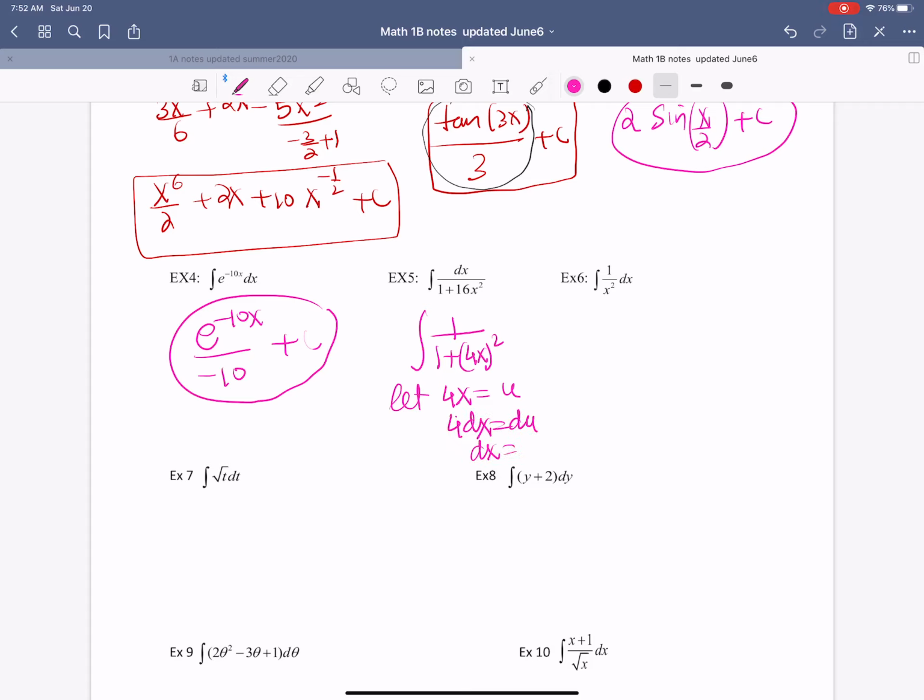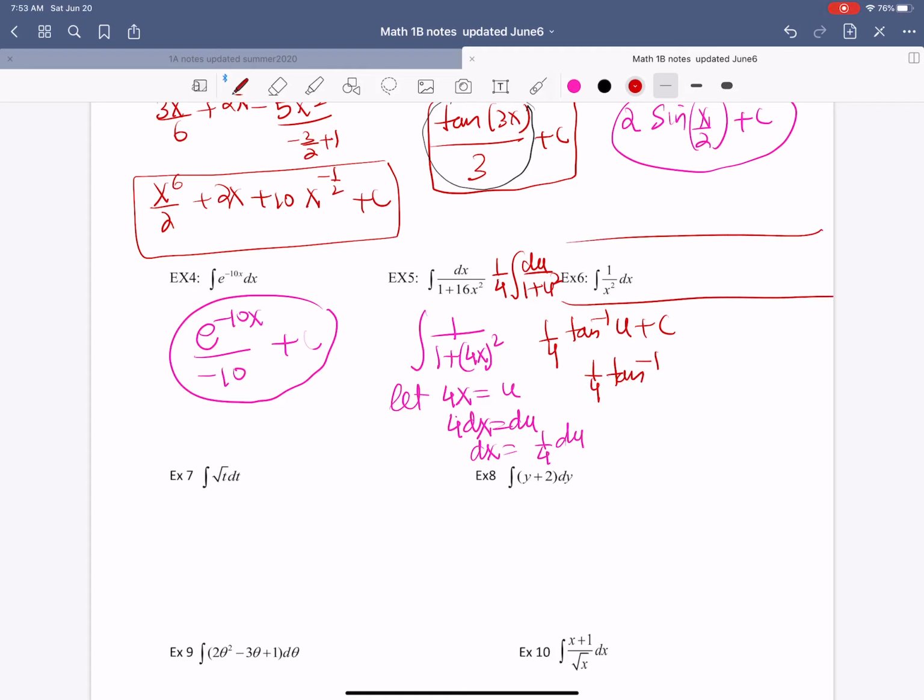So this entire integral becomes 1/4 can be pulled out, and then we have du on the top, 1 plus u square on the bottom. 1/4 tangent inverse u plus c, which is 1/4 tangent inverse of 4x plus c. So that would be our integral here.